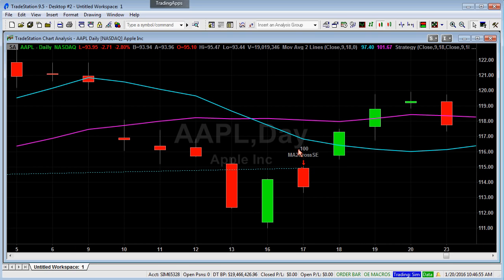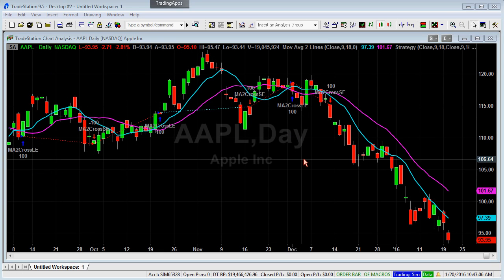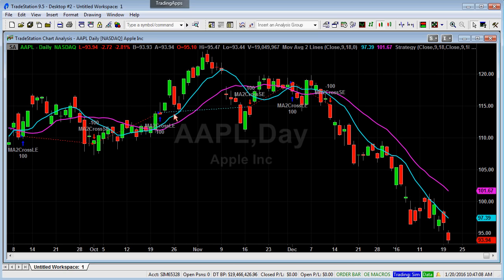By the way, the signal that you see here, notice how it has a negative 100, which means that it's short 100. So this is a reversal strategy. Let me backtrack a little bit. Let me zoom out. And you can see how the entries are connected one to the other.